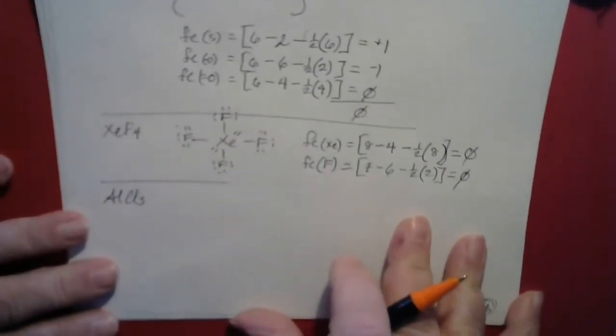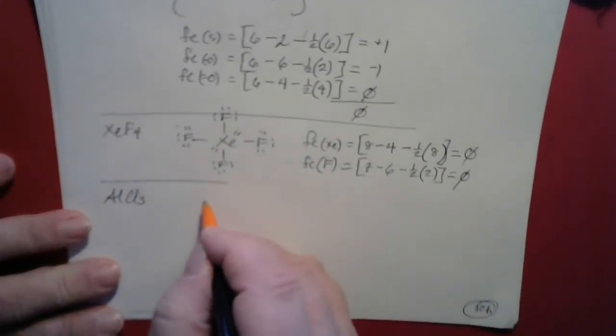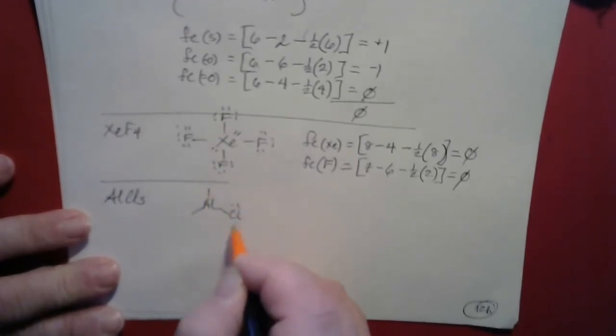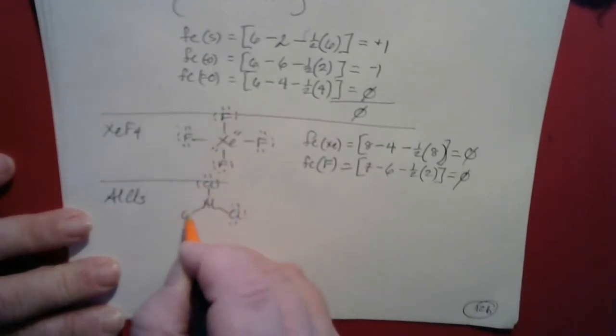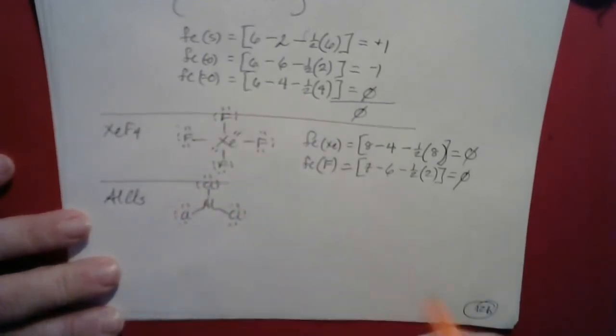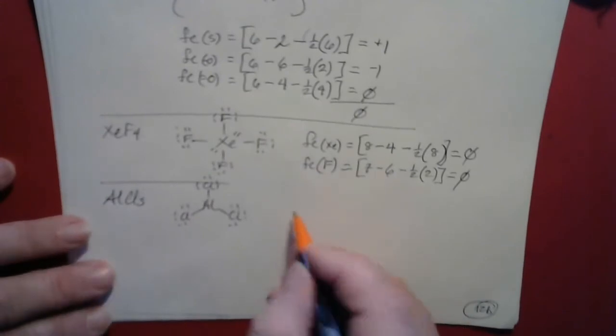And then aluminum chloride, we saw that aluminum chloride is just aluminum surrounded by 3 chlorines, all with octets.